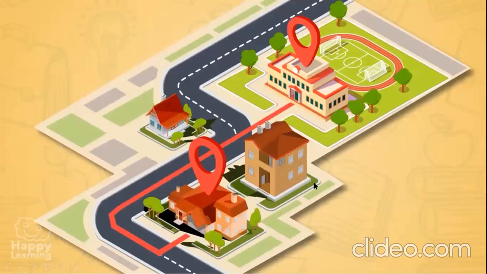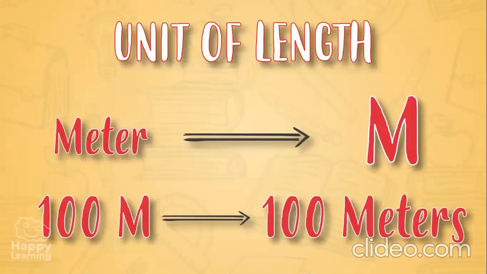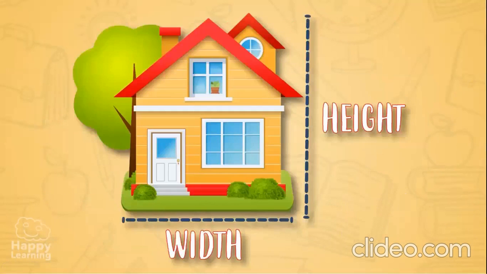The most important length is the meter, and it is represented by the letter M. So if you see 100 M, it means 100 meters. What does M mean? Meter. Yes, perfect.